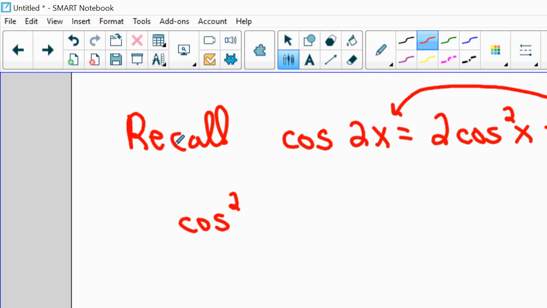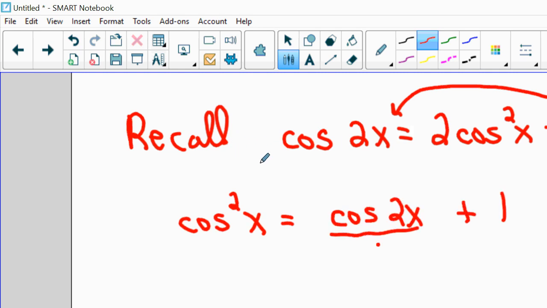Cosine squared x is cosine 2x plus 1 divided by 2. So if I say cosine squared x, sure, it's 1 minus sine squared, but that's not the one I want. Cosine squared is cosine of 2x divided by 2 plus 1/2.